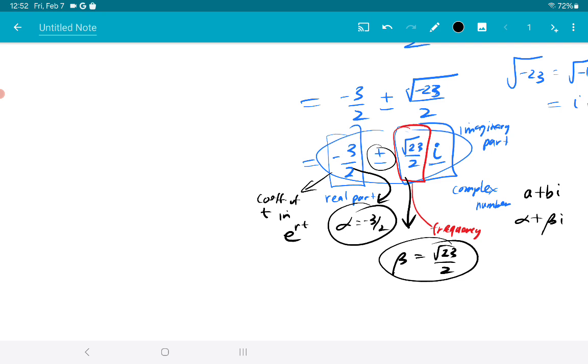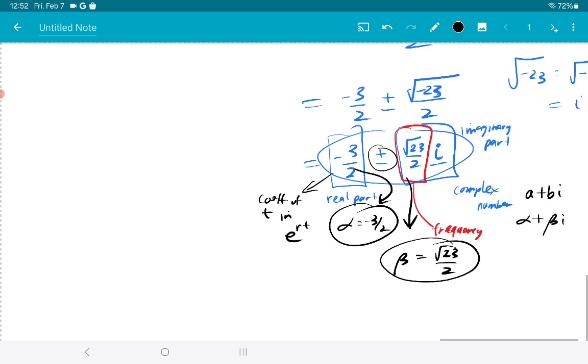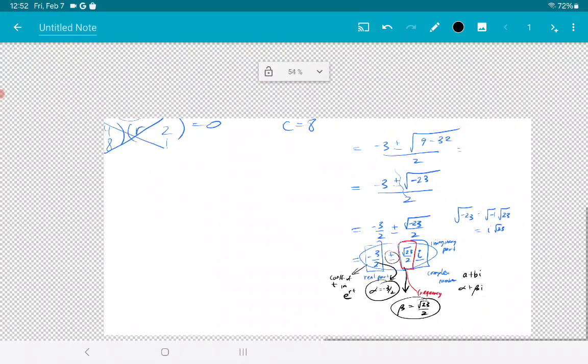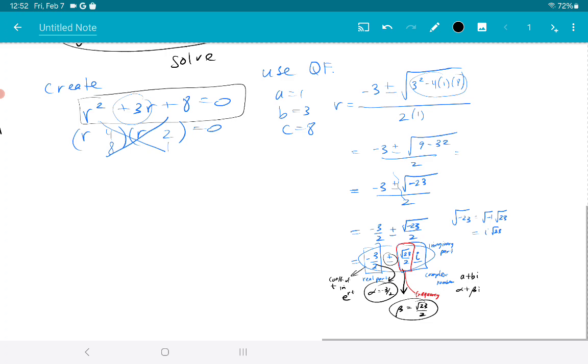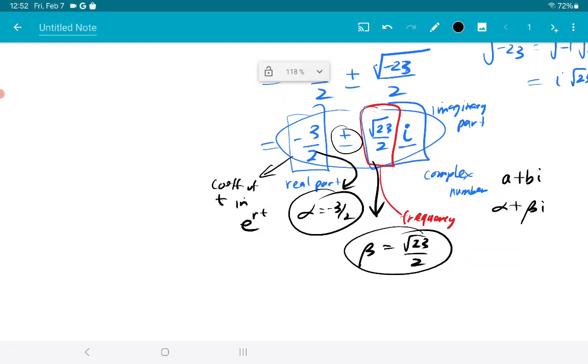By the way, every time you get complex valued roots, like we did in this problem, from this polynomial that we were trying to solve, they always come in what are called conjugate pairs. That just means the two roots have the same real part, but their imaginary part changes from plus to minus. It turns out we don't care about the i or the plus or minus. We don't need them in our solution.